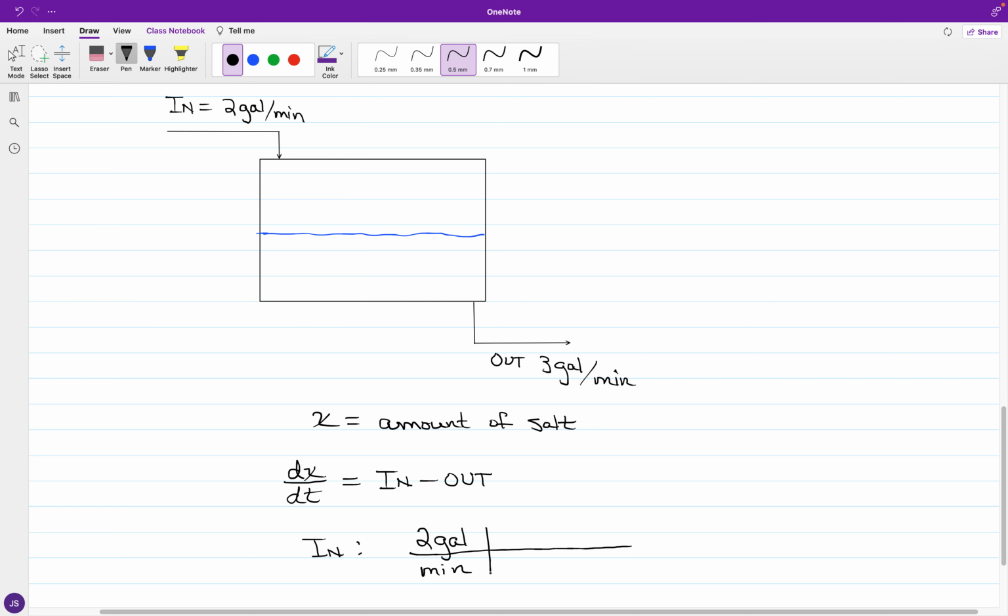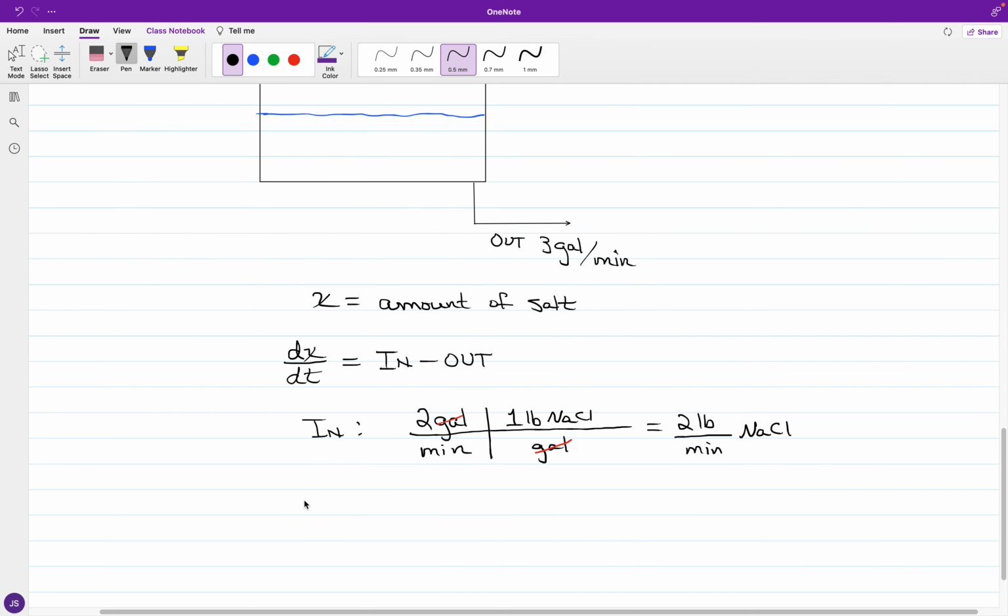And the concentration of salt for the in stream is 1 pound per gallon. Now looking at the consistency of the units, for what we have going in, you have 2 pounds per minute of salt or sodium chloride.